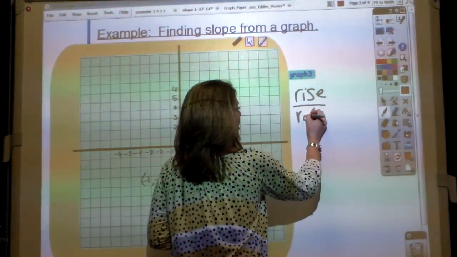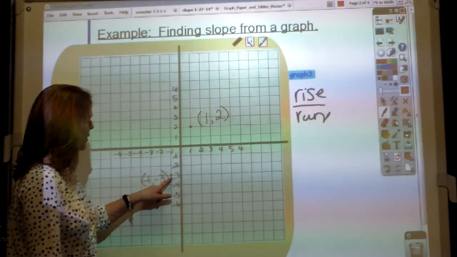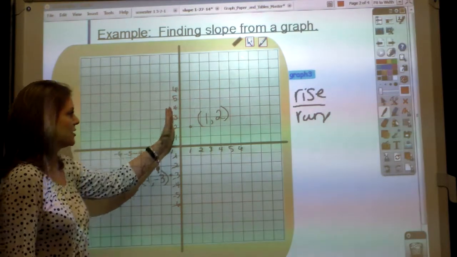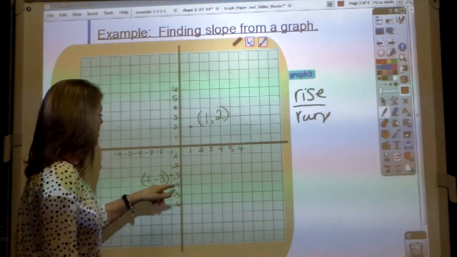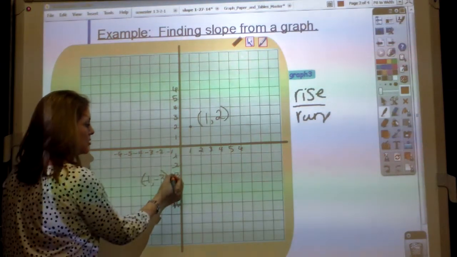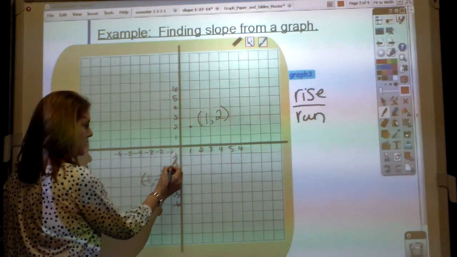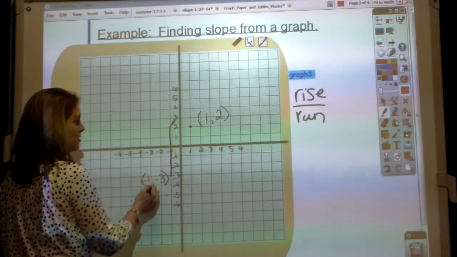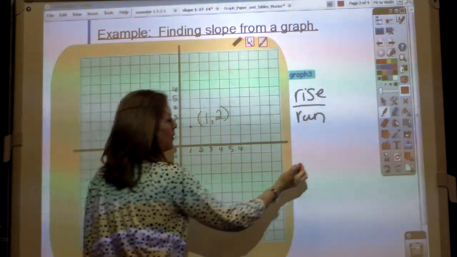So let's talk about how we can go from one point to the next. We're going to talk about the vertical change first. That's always going to be that top number. So let's go from (-1, -3) up to (1, 2). We're going to be rising 1, 2, 3, 4, 5 units. So that's going up 5.